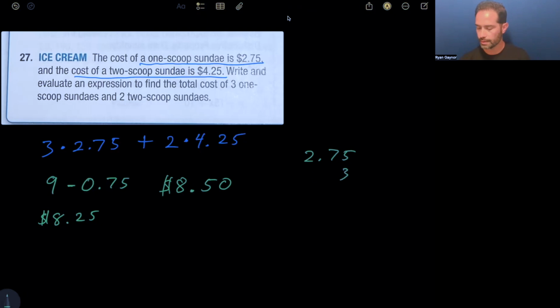Okay. And if you want the handwritten version over here, we have the 2.75 times 3. So here we go. 3 times 5, that's 15. Carry the 1. 3 times 7 is 21. Plus 1 is 22. 3 times 2 is 6. Plus 2 is 8. So there's your 825.